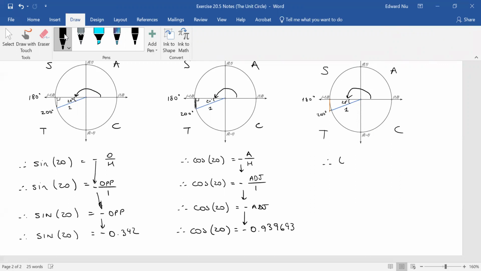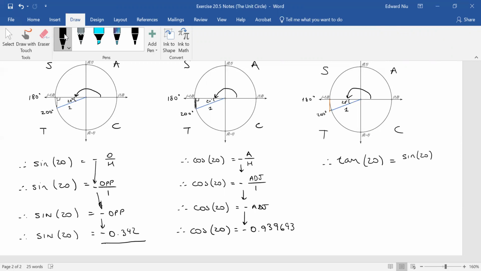So therefore, tan 20 equals the opposite side. The opposite side, as we know, for height is always sine. So we know the opposite side is sine 20. Okay, and sine 20 is this negative 0.342.